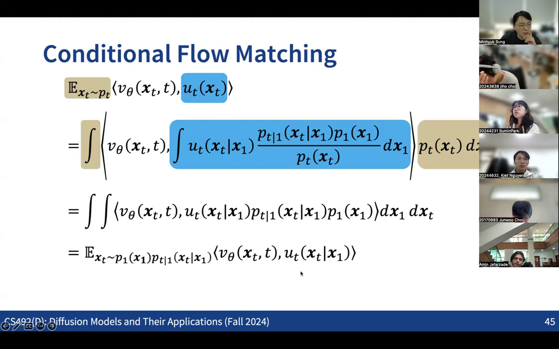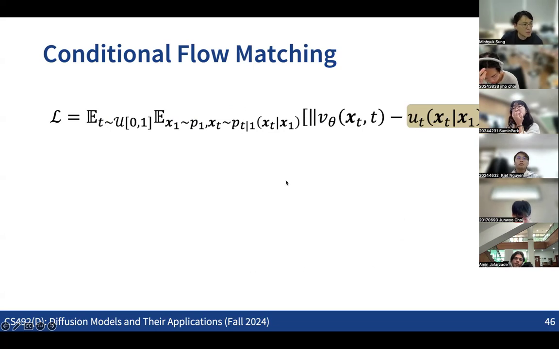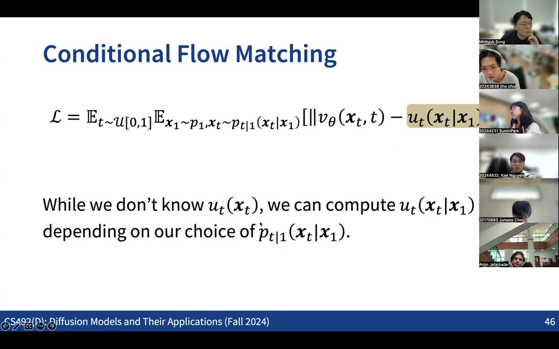So from this, what we can see is that training the flow matching network is basically the same as training with this loss function, replacing this part with the conditional vector field. And given the choice of the conditional probability distribution, we could see how we can derive this term, right? This is the important part. While we don't know the marginal vector field, now we can compute the conditional vector field depending on our choice of this specific probability distribution.